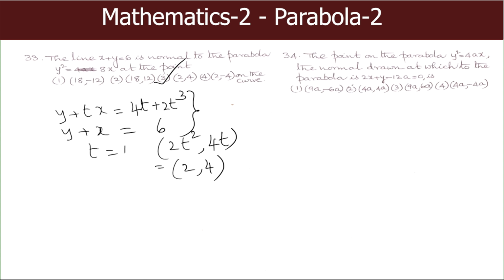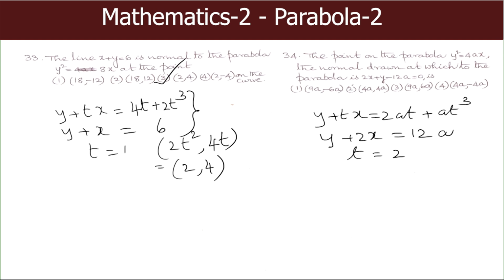So, y plus tx equal to, once again, 2at plus at cubed. This is the same as y plus 2x equal to 12a for the value of t equal to 2. When t equal to 2, this is 4a plus 8a, that is 12a.